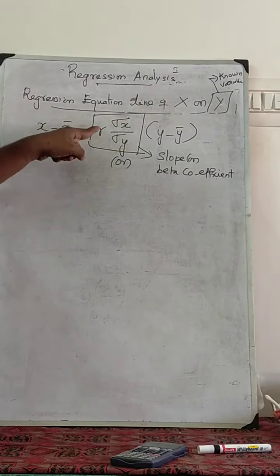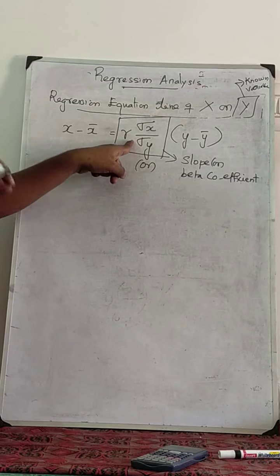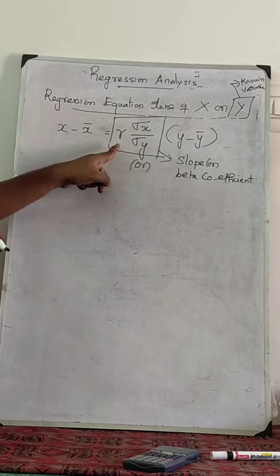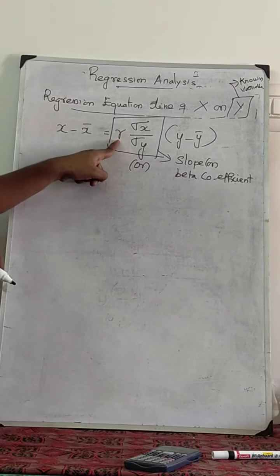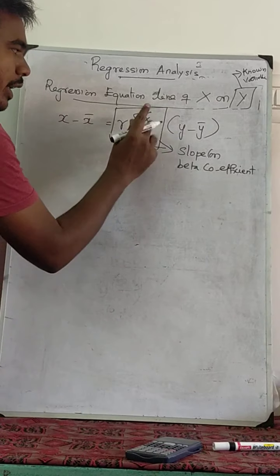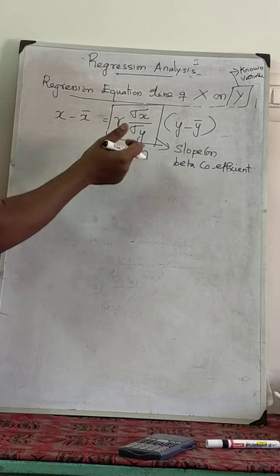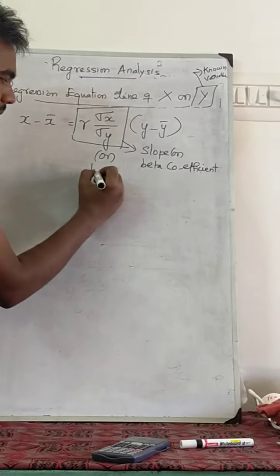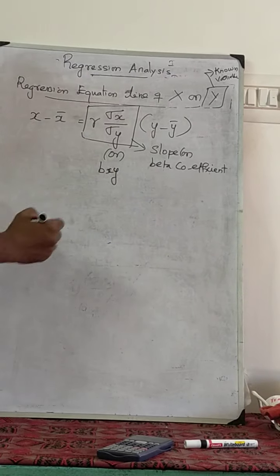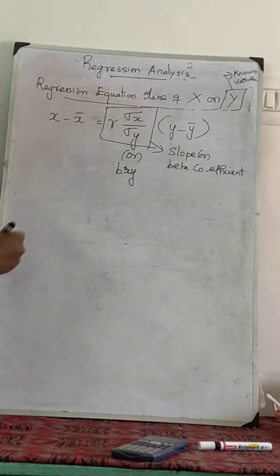Either you can use this one for the beta coefficient or sigma x. If the items are given in the problem like this, you have to use this formula for the beta coefficient. Or else, if the items are not given in the problem like this, we should go for bxy. Okay, this is also another term for beta coefficient.